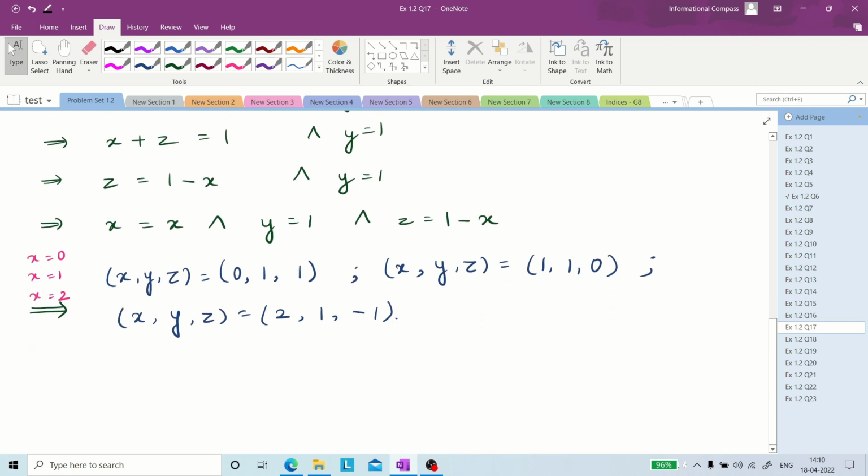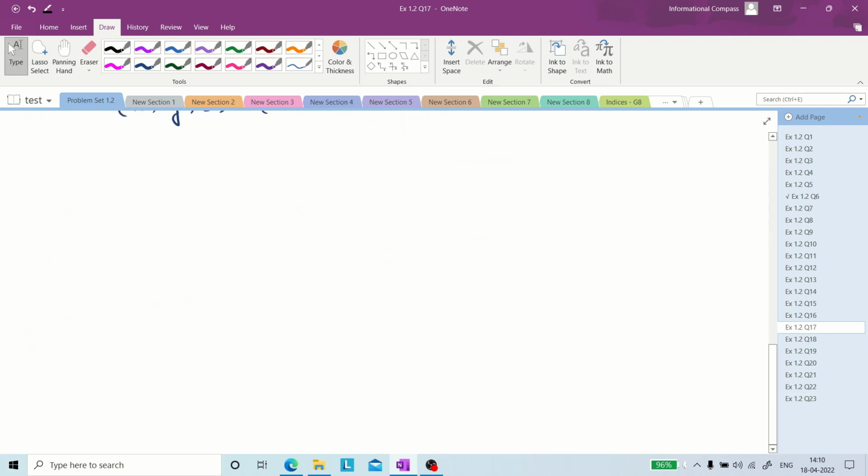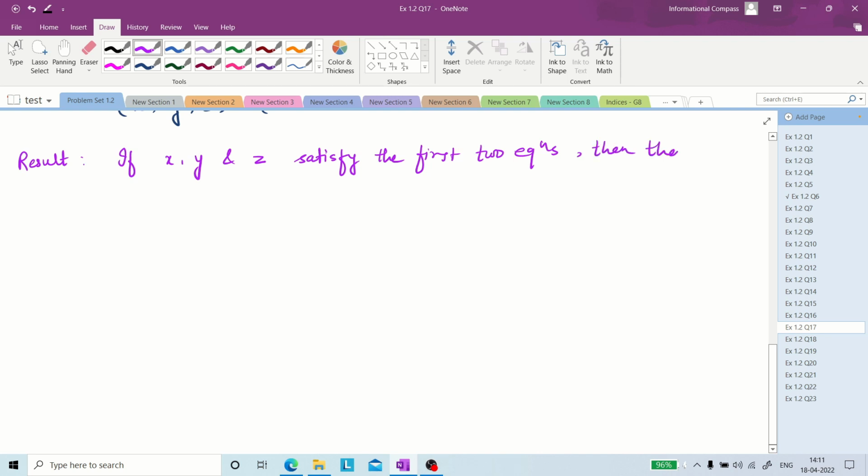Okay. I hope we are clear with this. Yes. So I'll write down the result for you to refer to. So if x, y, and z satisfy the first two equations, then they also satisfy the third one, right?